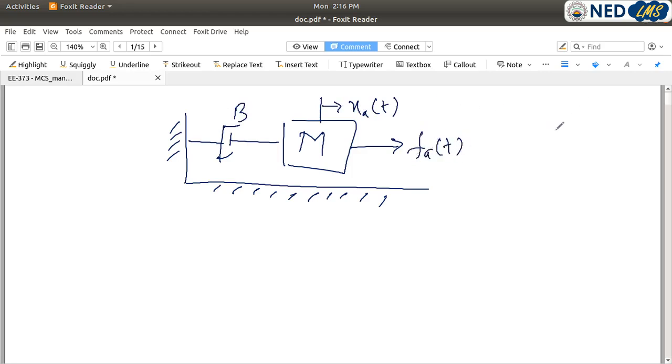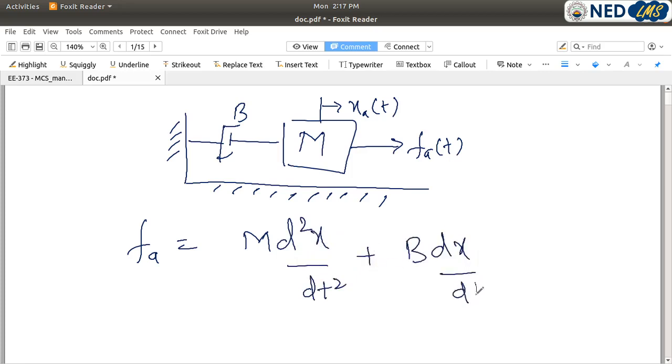So the equation of motion at this node will be, I'm using x here instead of xa, fa equals m d square x over dt square plus b dx over dt.